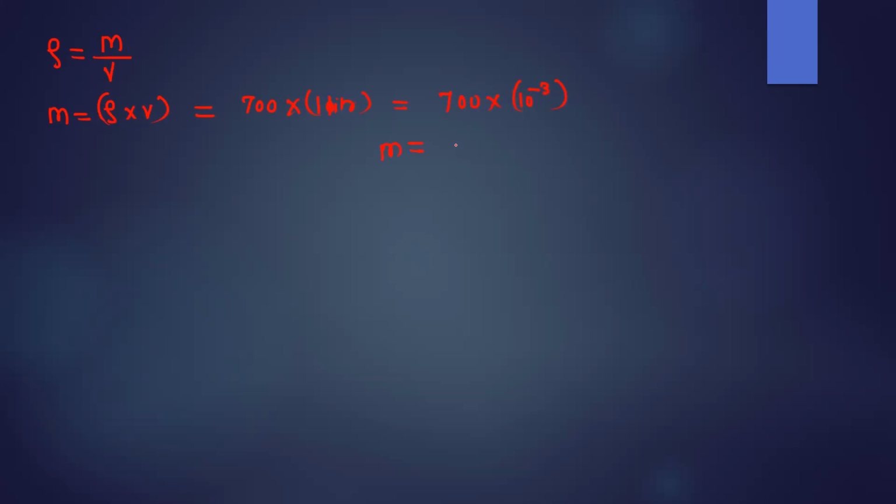So mass you will get as 0.7 kg. And just multiply this mass by g, so you will get the weight.